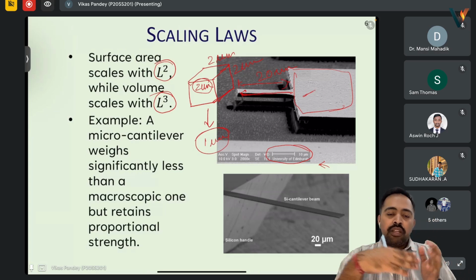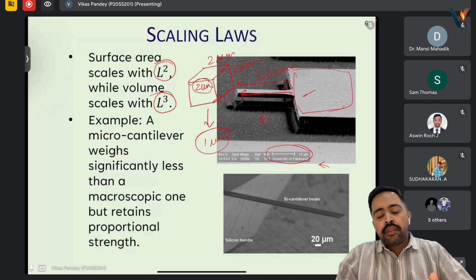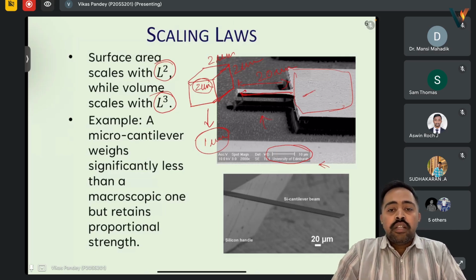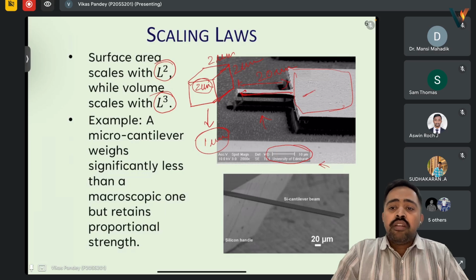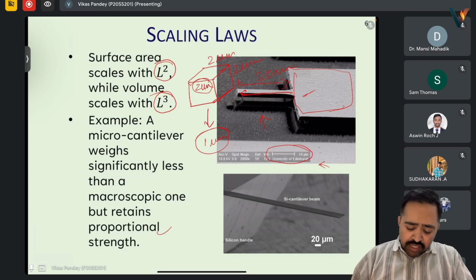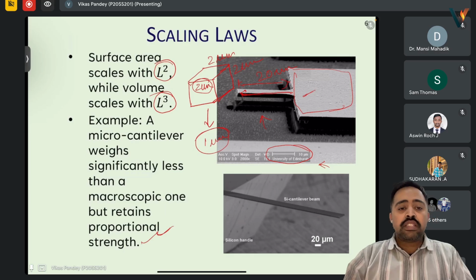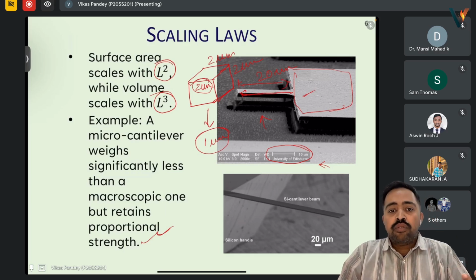But the same thing in micro scale devices, these are real cantilever devices which are successfully made and they work for years together, and they work perfectly. So they retain the proportional strength with significantly less weight and thus are able to sustain for a longer time.